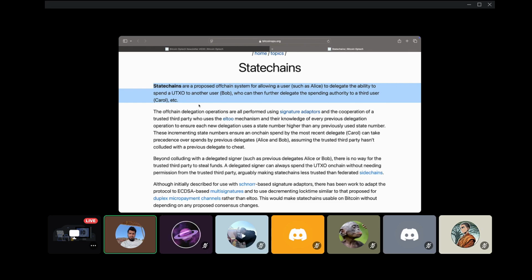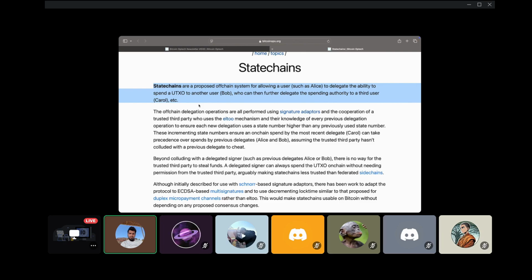So the conventional way of spending a UTXO is that there is a person who possesses the private key that is required to spend that UTXO. And once he spends that UTXO, he loses possession of that UTXO, and the possession of that UTXO is transferred to the recipient. So if Alice wants to spend a UTXO, Alice is the sender and Bob is the recipient.